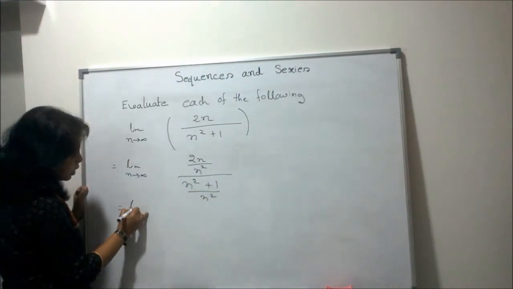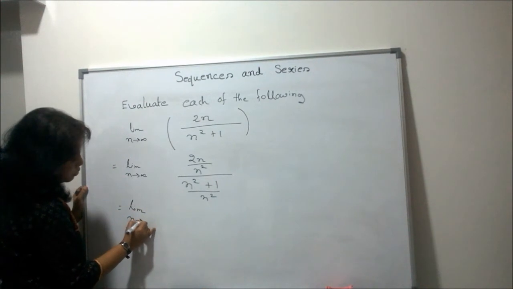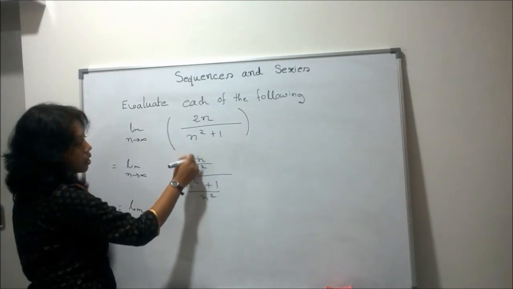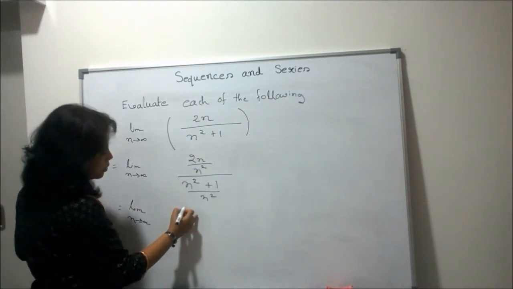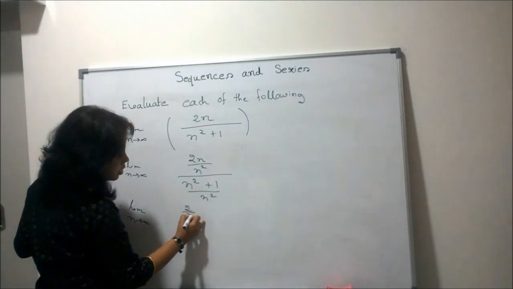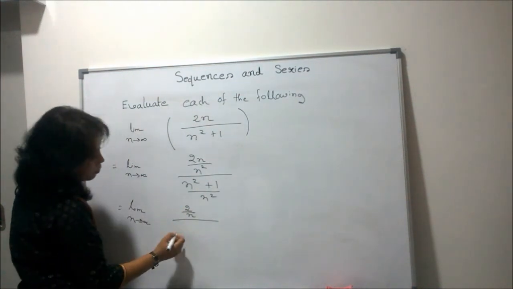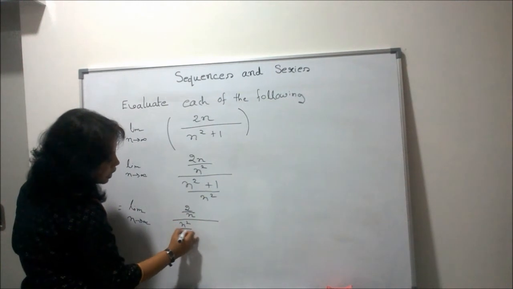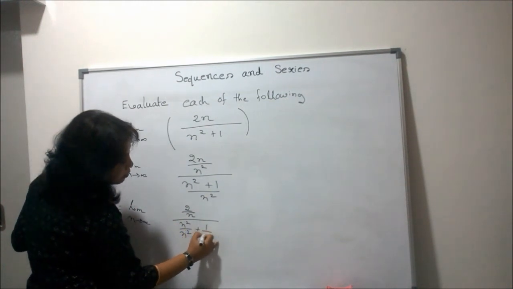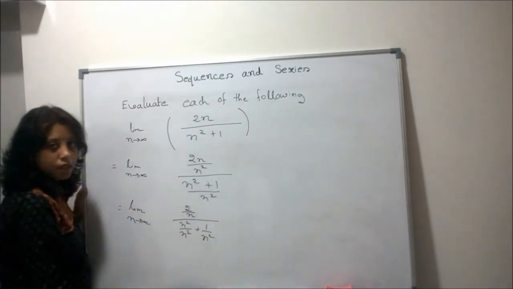So here it becomes limit n tends to infinity, in the numerator we have 2 by n, and in the denominator we have n square by n square plus 1 by n square.